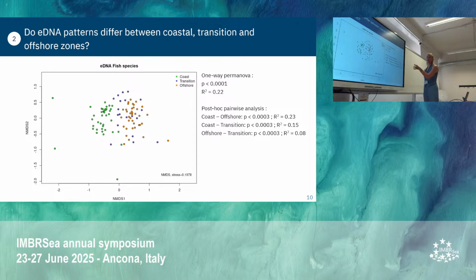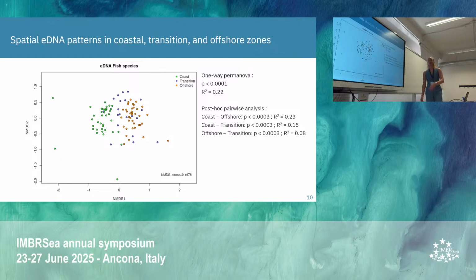And you can actually see a clear clustering with the strongest separation between your coastal and your transition and offshore zones, which was also confirmed by statistical analysis by one-way PERMANOVA that showed that sampling zone had a significant effect on your fish species composition, with a significant difference between all 3 as confirmed by post-hoc pairwise analysis. So, this can conclude that with eDNA, I could successfully detect spatial patterns in fish community composition, clearly distinguishing coastal, transition, and offshore zones in these well-mixed waters of the Belgian part of the North Sea.